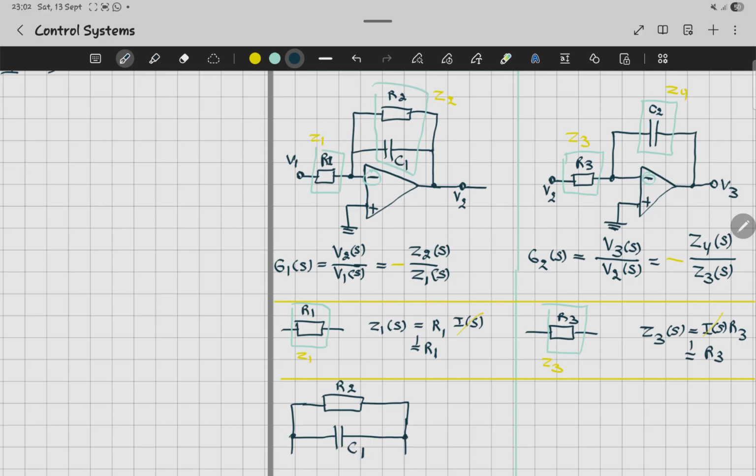This is C1, and for this block, for Z4, we have C2. Remember that we call this one Z2, and this one Z4.